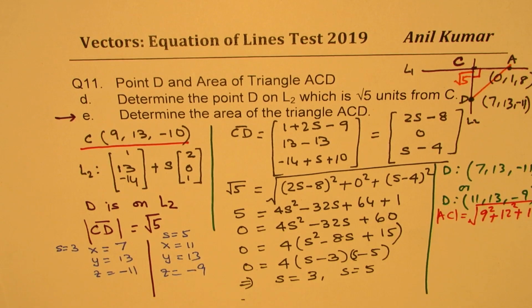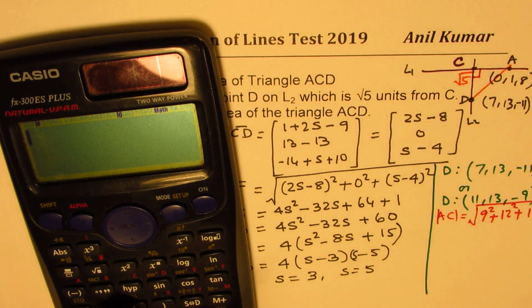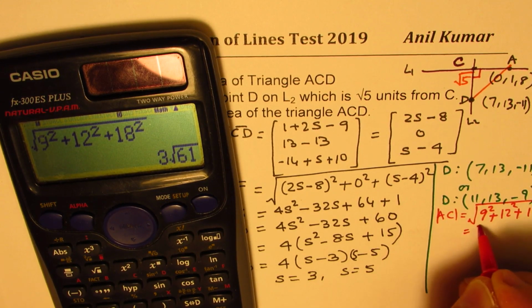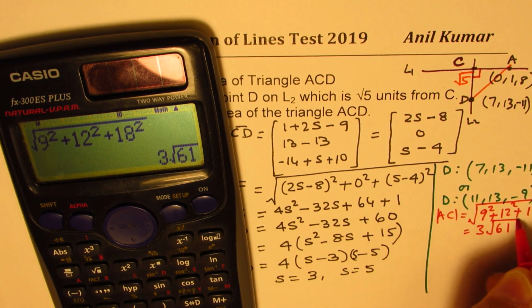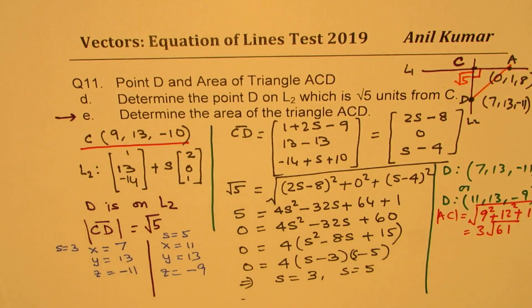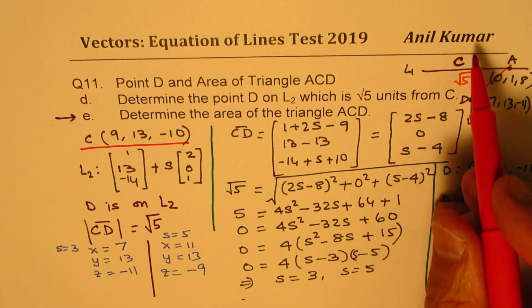So let's do this. So we have square root of 9 square plus 12 square plus 18 square, which is 3 square root 61, correct? So we just found AC. So we are doing it in short. I hope things are clear, right?